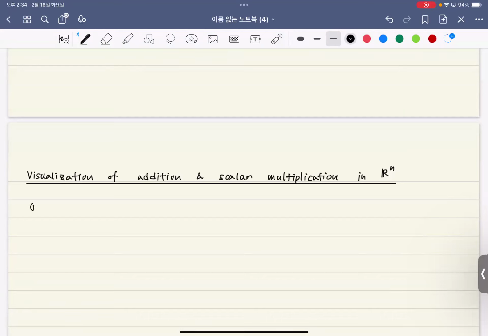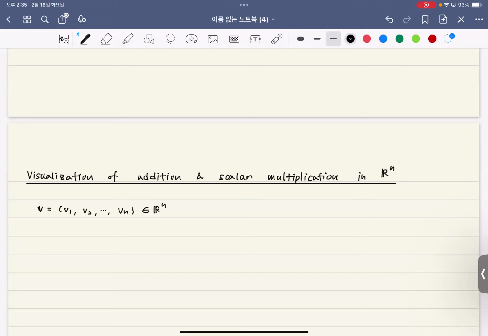All right, let me try to visualize the vector addition and scalar multiplication. So how do we visualize a vector? The easiest and most popular way to visualize any vector from n-dimensional Euclidean space is a pointed arrow, right?